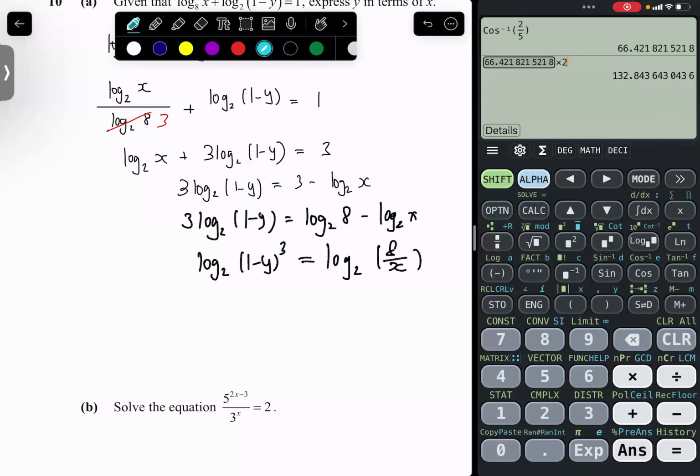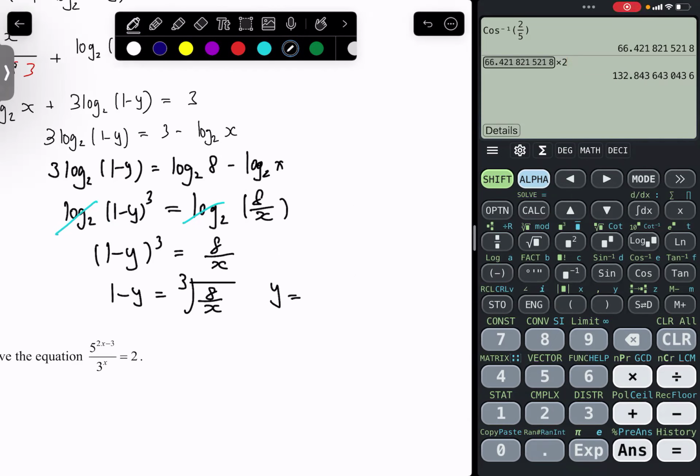Now strike off the log base 2. I will have (1 minus y) cubed equals 8 over x. 1 minus y equals cube root of 8 over x. So y equals 1 minus cube root of 8 over x. Answer.